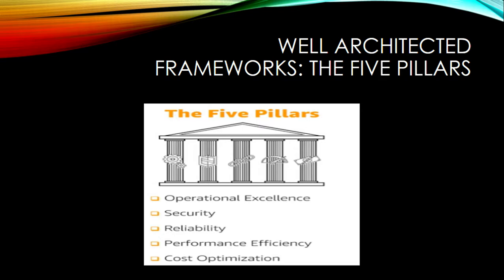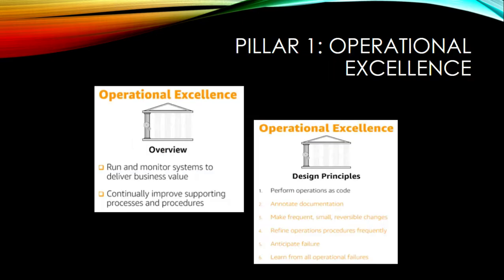Let's take a deeper look at each of these pillars. The first one is operational excellence. The operational excellence pillar includes the ability to run and monitor systems to deliver business value and to continually improve supporting processes and procedures.